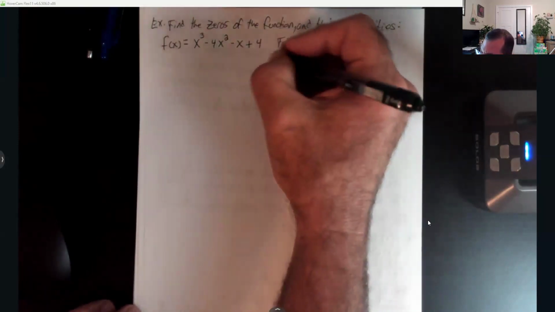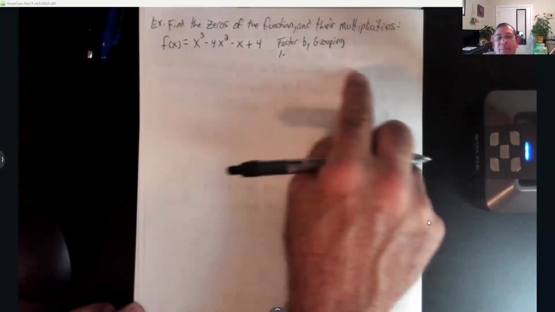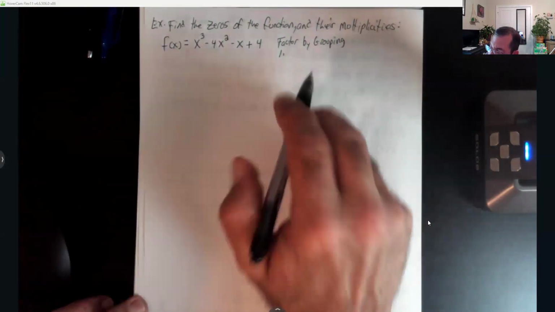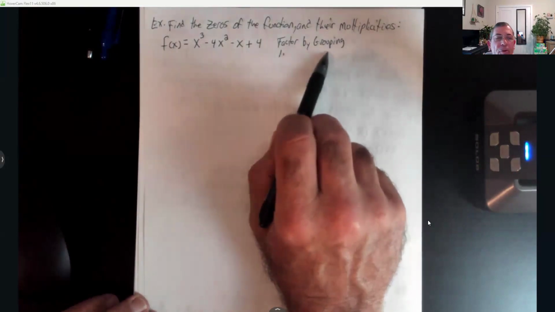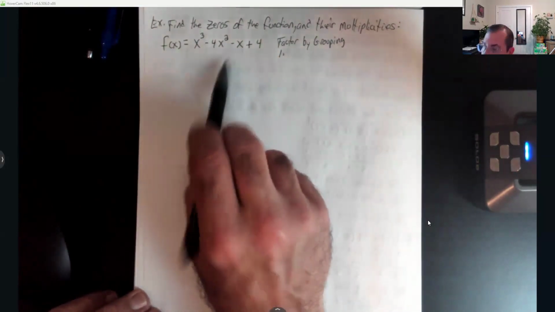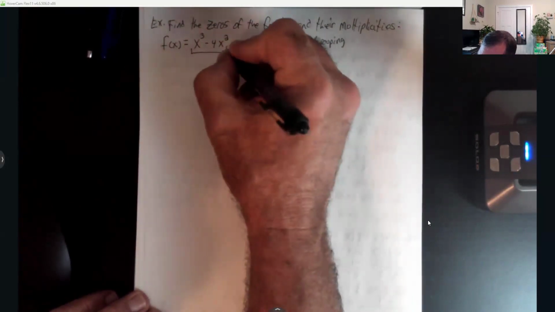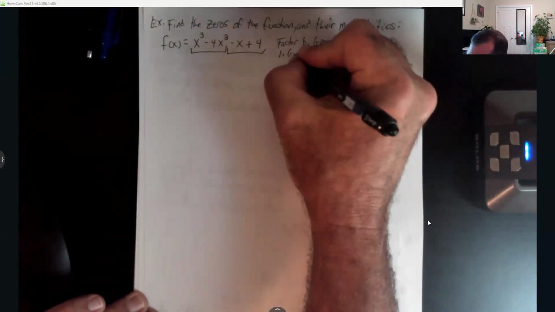So I'm sort of going to write my steps over here while I'm going through this, okay? So where it gets its name factor by grouping is because we got 4 terms here. We're going to factor this into 2 groups. Okay. So we group the first 2 terms together and the last 2 terms together.